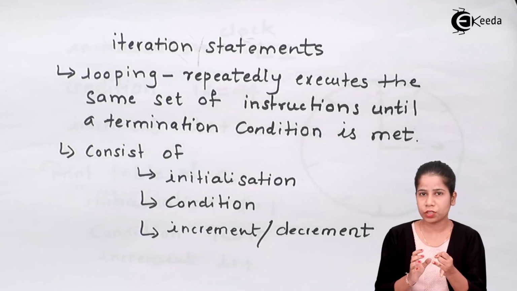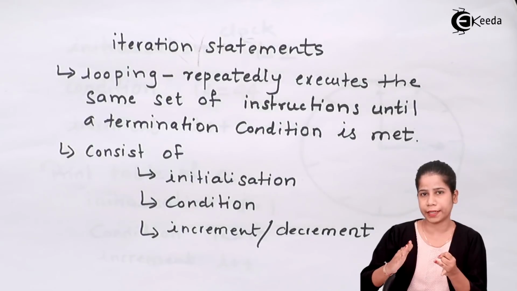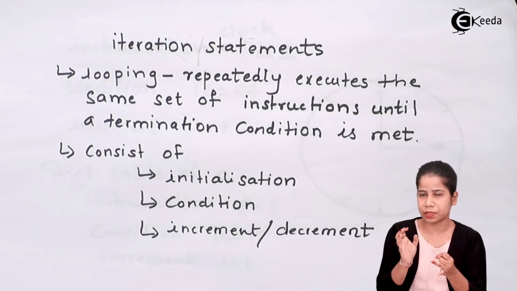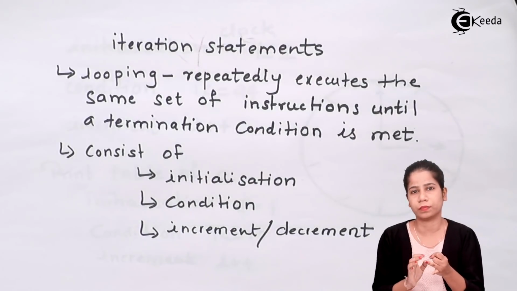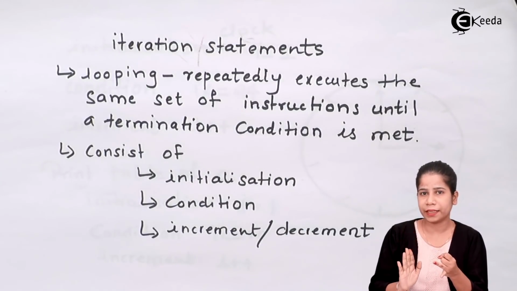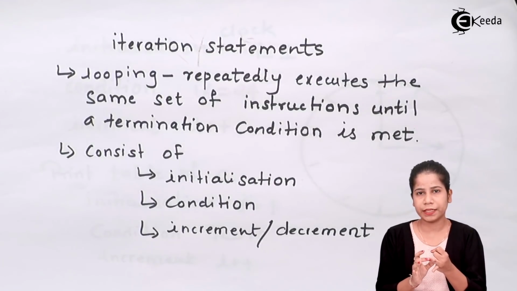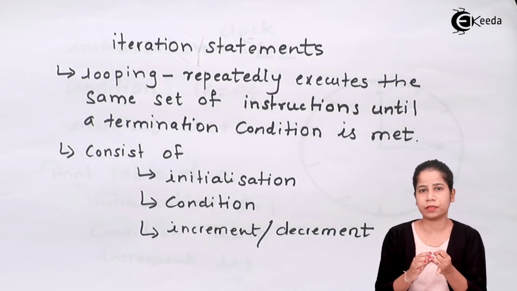It should stop whenever the calculation 2 into 10 happens. At that moment it should stop. That means my counter should stop at the 10th position. So whenever you are using loops, you have to take care that somewhere it should stop.